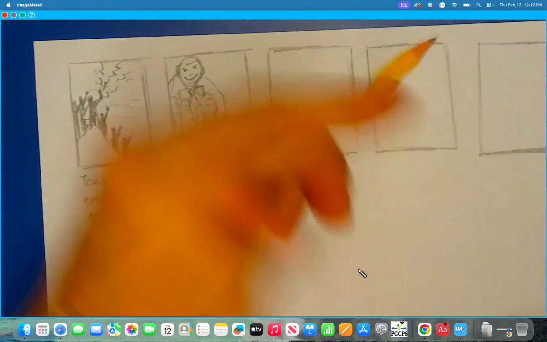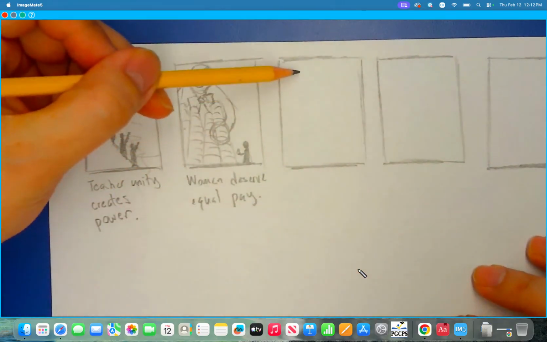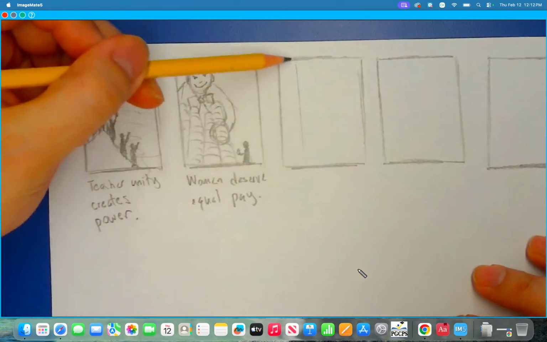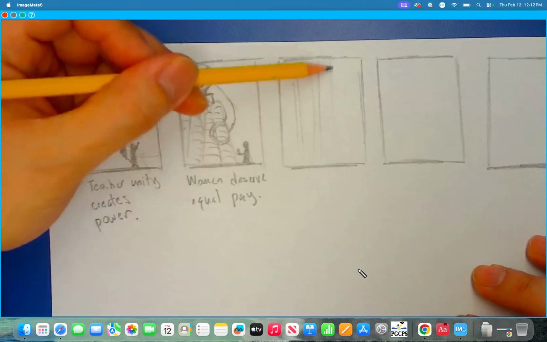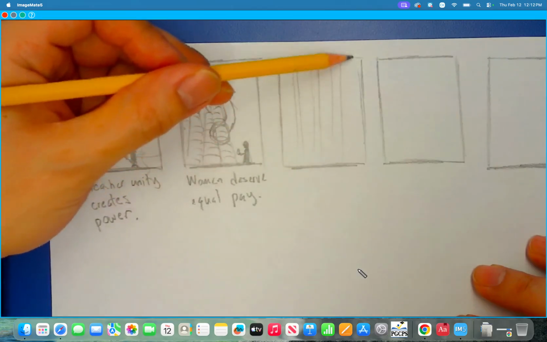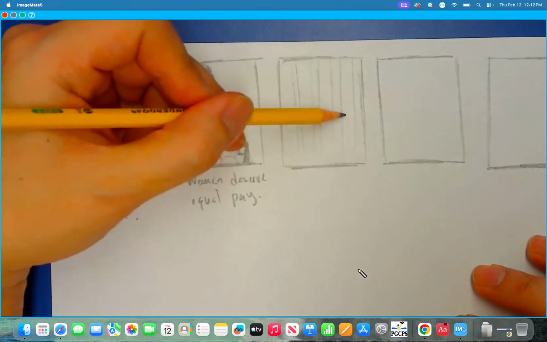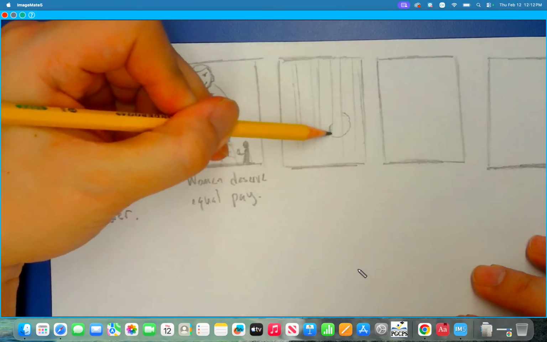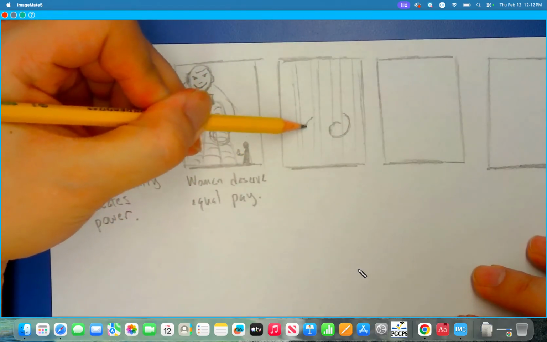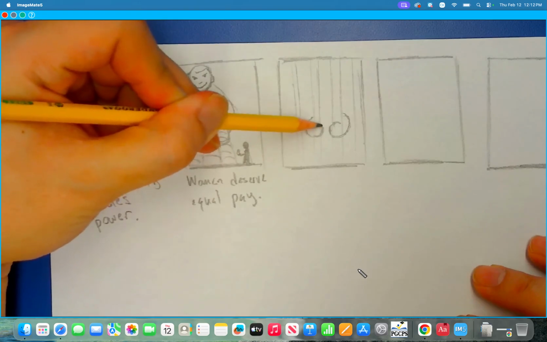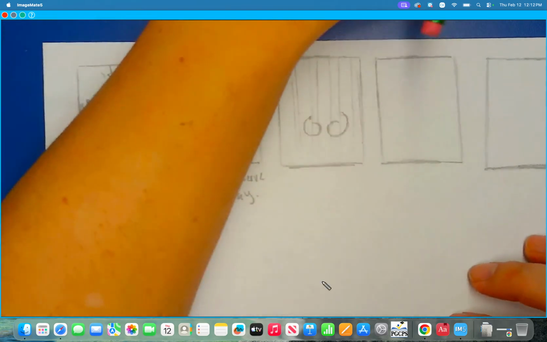So it could look something like this when you do your drawing. You have these bars here. This is a little trickier to do with a horizontal format, but maybe they could be hands here, and another hand right here.